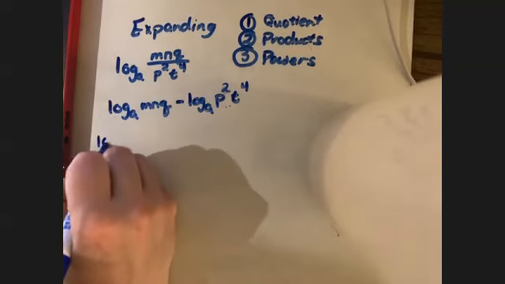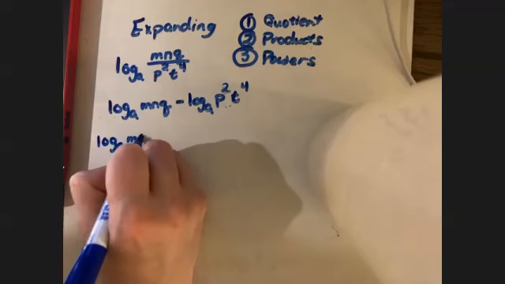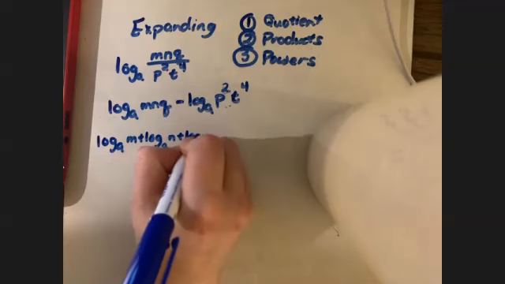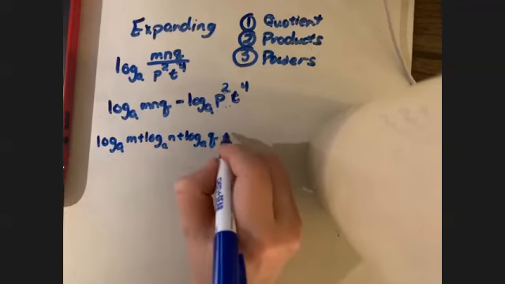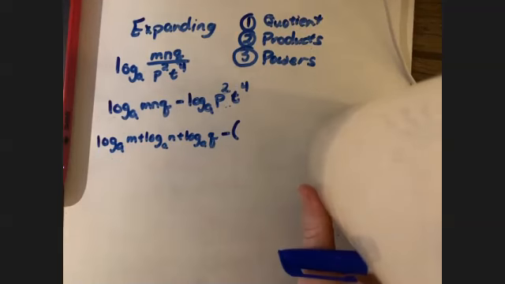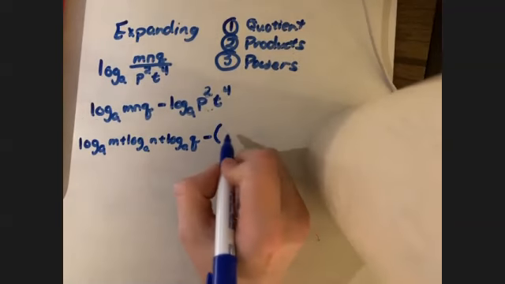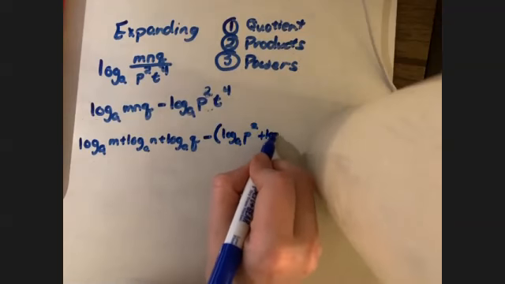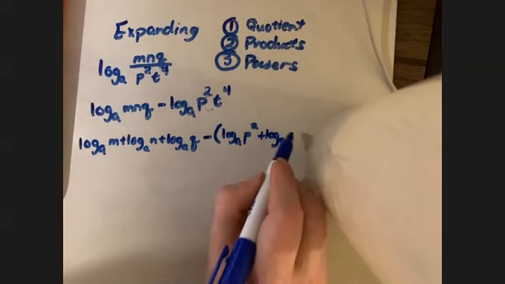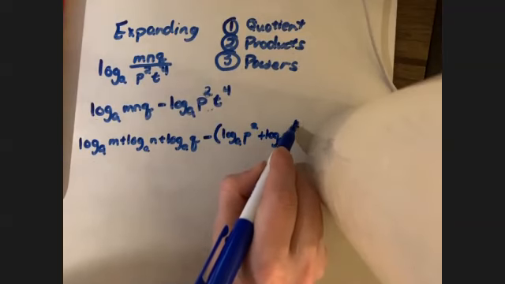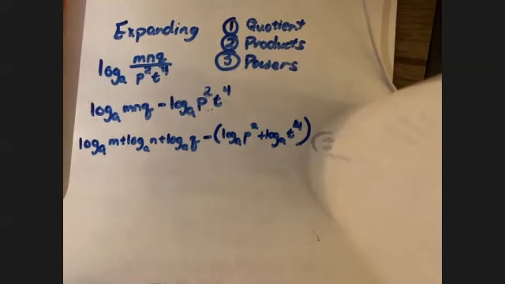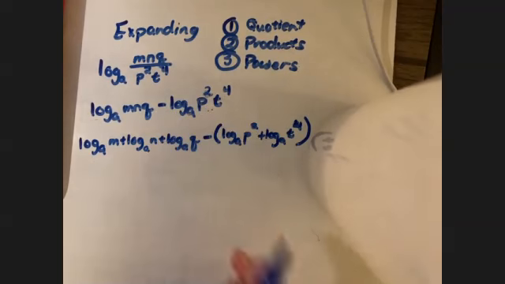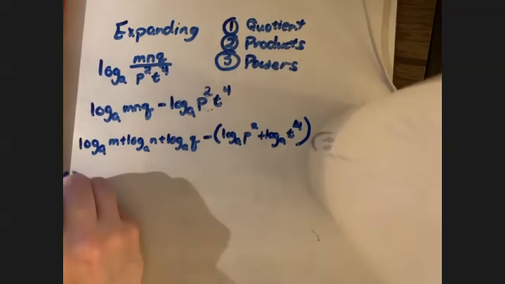So I've got log base A of M plus log A of N plus log A of Q. Now, I need to keep all of this other stuff together. So log base A of P squared plus log base A of T to the 4th. I need to keep in mind that this part was being subtracted, so I still show that it's all subtracted. Now, last thing is powers.